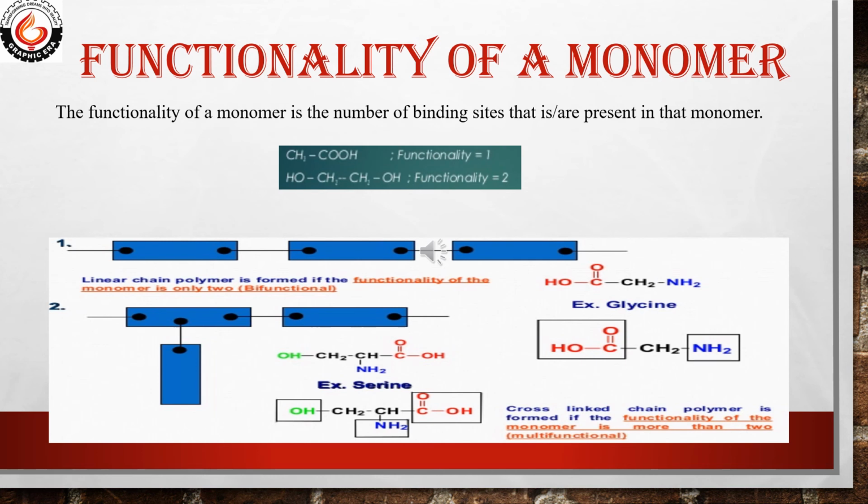Two functional groups are used to form a linear chain, and the third one is used to form the cross-link between the different chains. So functionality is basically the number of binding sites or the number of functional groups present in a monomer.